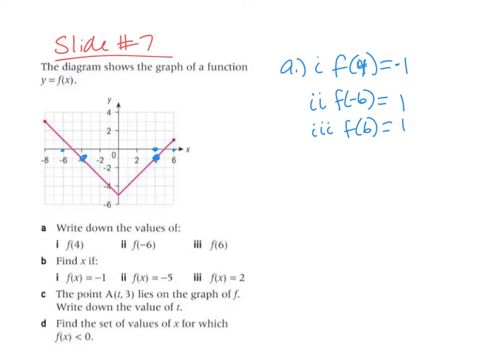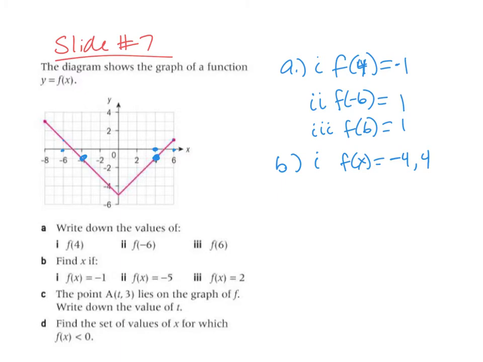So this one has 2 answers, and you can list them in commas. Again, it's general practice if you have more than one solution to name them from smallest to largest, not mandatory, but it's a good idea.